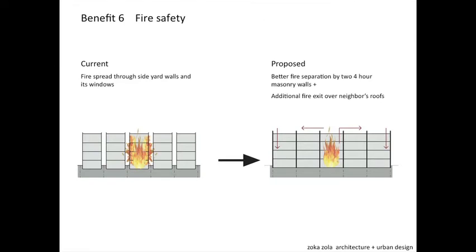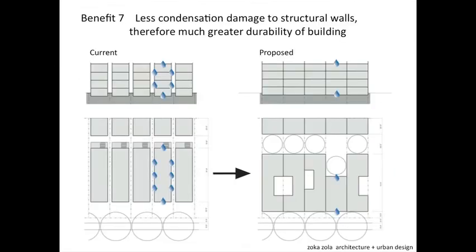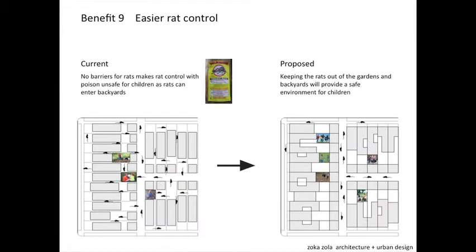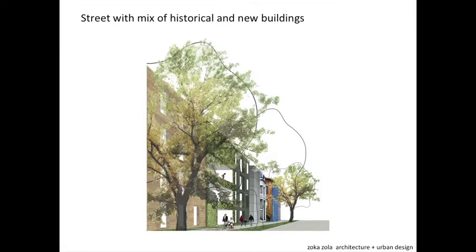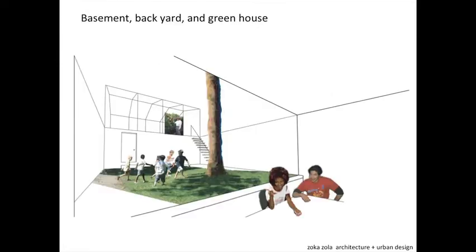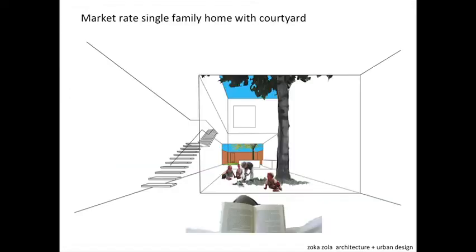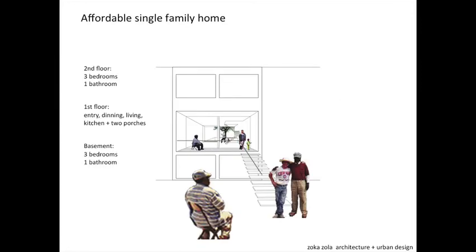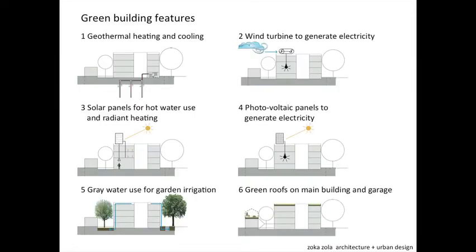Better fire spread escape, less deconstruction of structures and therefore more durable buildings, less theft, better surveillance, less theft entrances, rat problem easier to control. Some kind of simulation of what it would look like. If it's a wider building, then insides are easier to organize properly. Some simulations of what the different buildings could be: big single-family houses or condominiums or affordable single-family houses, and sustainable strategies.